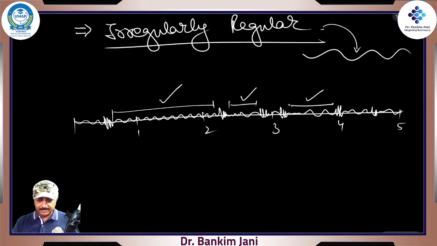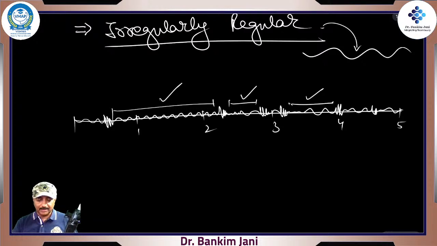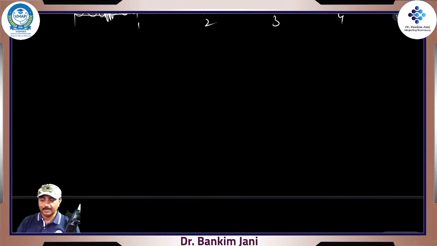While in this case, things are normal, but sometimes they become normal, sometimes they become abnormal, right? So that's what is called irregularly regular. These normal beats which are coming, but sometimes they are normal, sometimes they go abnormal, right? More when we'll be discussing some conditions, especially on the ECG.